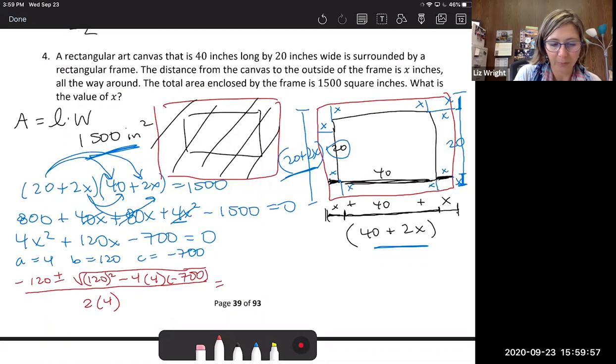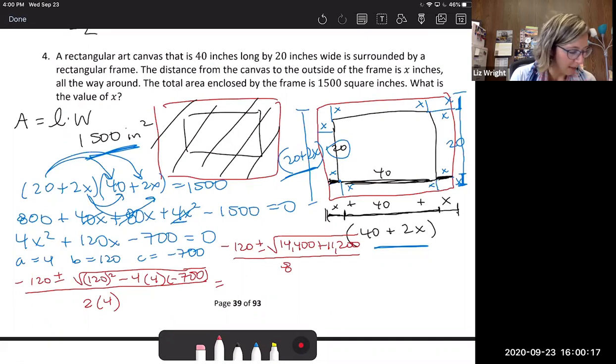We'll see how I do. It's going to be negative 120 plus or minus the square root of 14,400 plus, then we've got 16 times 700, which should give us 11,200, all over 8.